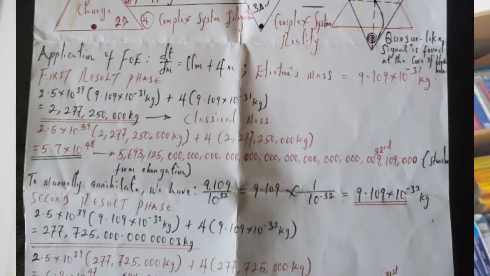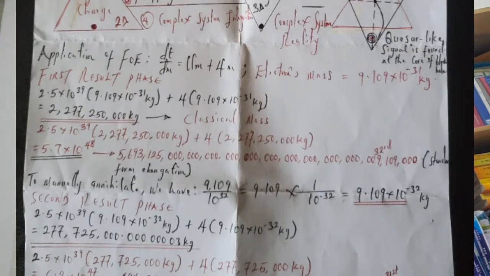Now for us to know what is actually happening, we have to extend this value in standard form, and once we do that, we're going to see that the value of this weak conveying force, the part where we have 4m, is being suspended at the 32nd power. You understand?